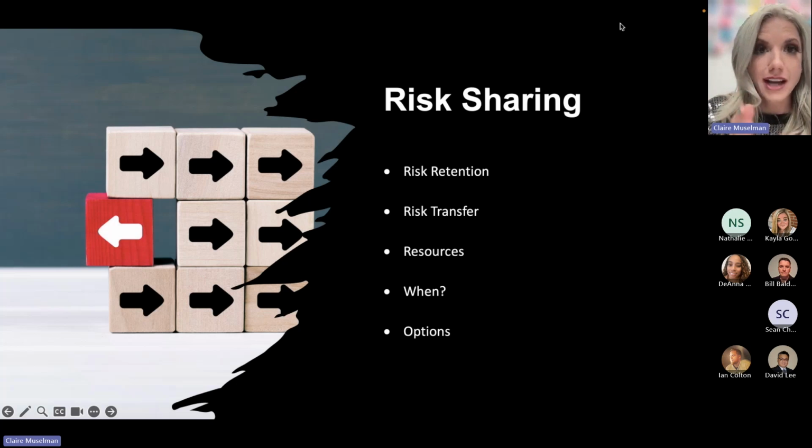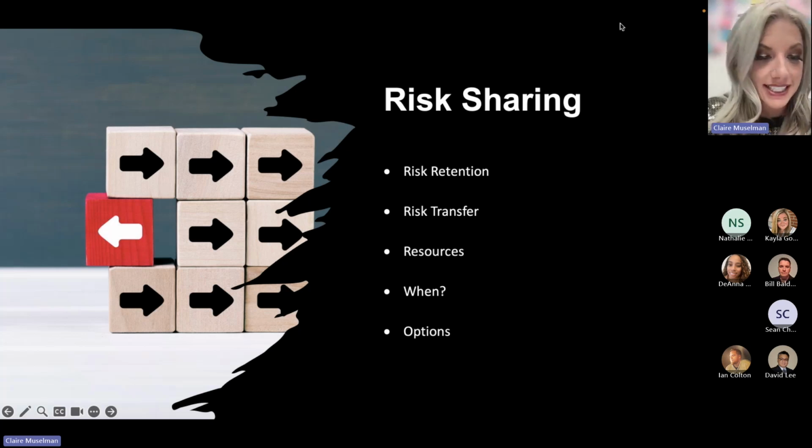Now, if we're not going to keep it on that level, if we're going to start to transfer and share in some of that risk, do we want to look at insurance? Do we want to look at not insurance, or do we want individual investors? And then will any of our losses destabilize our net worth or our cash flow?